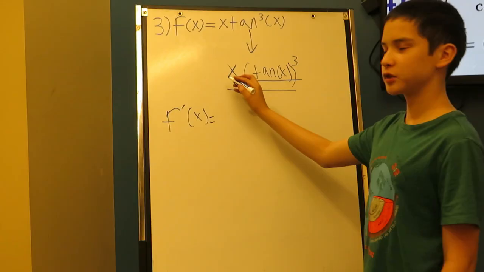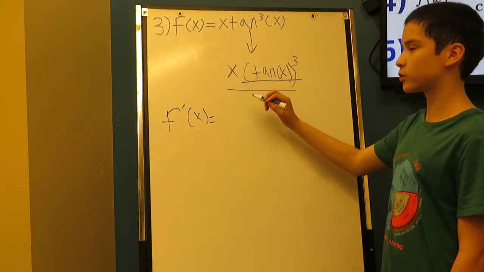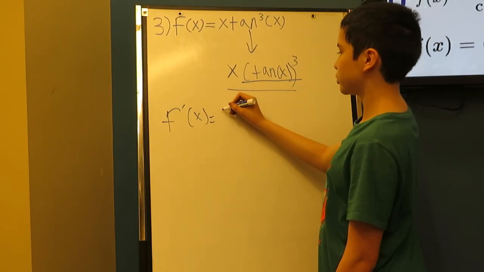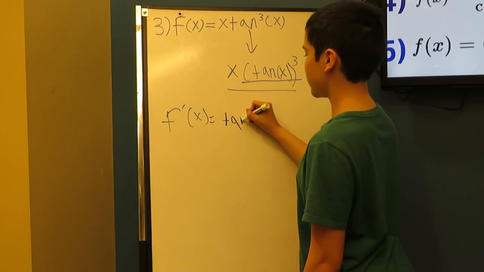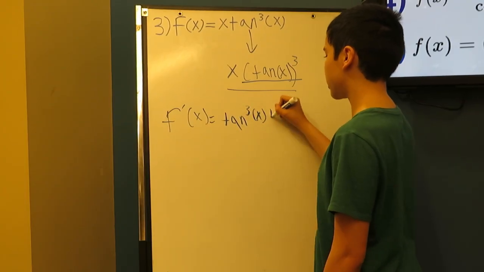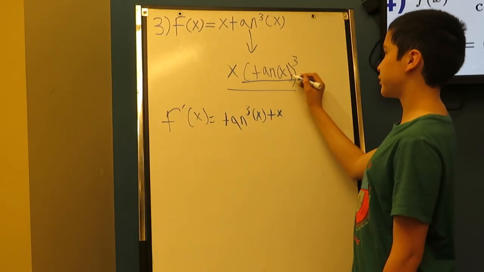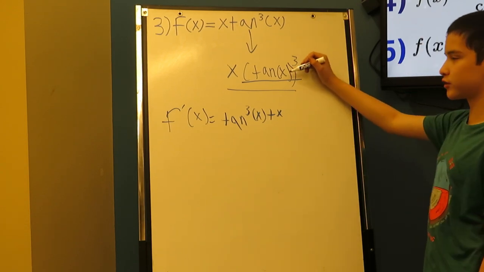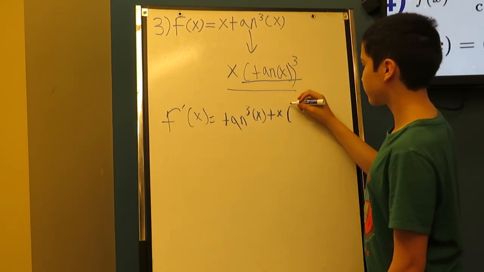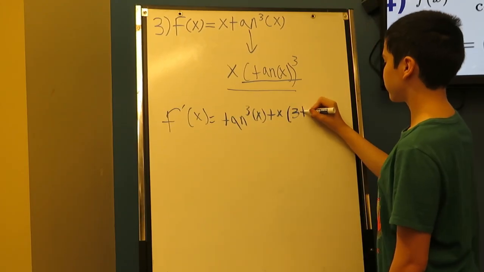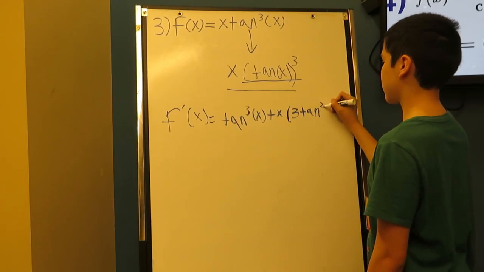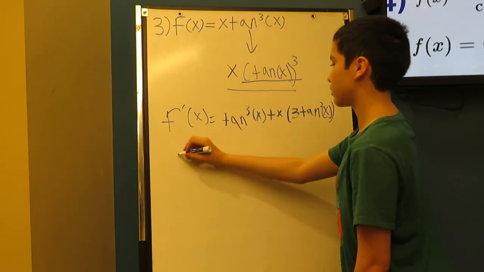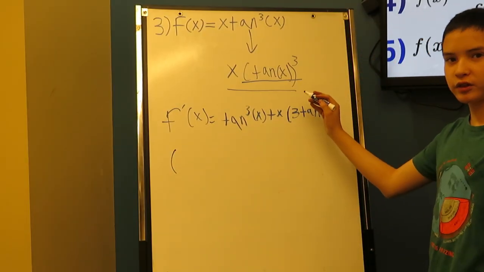First, we see that we have the product rule out front, so let's do the product rule first. Take the derivative of x, which is just equal to 1, so we get tangent cubed x plus x times whatever the derivative of this expression is. So now let's do the chain rule. We take the derivative of the outside with respect to the inside, but now we also have to take the derivative of the inside.